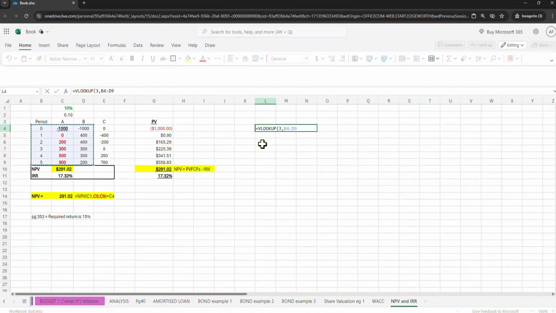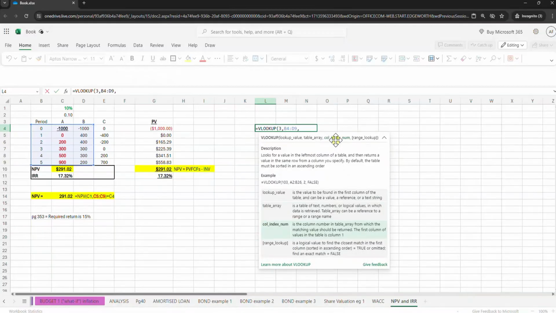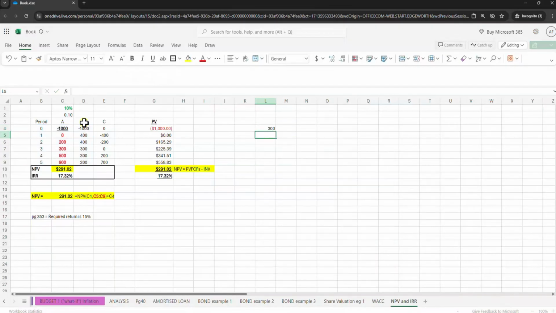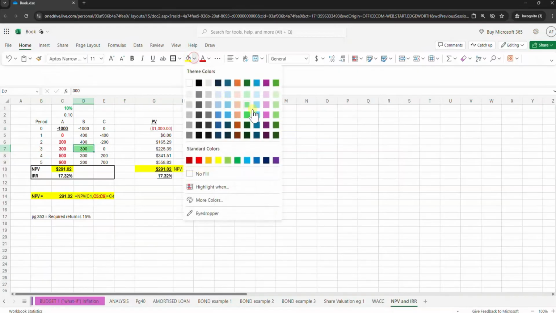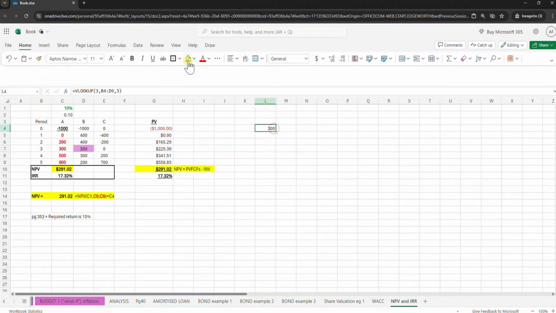So I'm going to highlight this whole array like that. And then I want it to find the column. Which column do I want? This is column 1, this is column 2, this is column 3. So I want column 3. Enter. Notice it pulled this figure. Does that make sense?